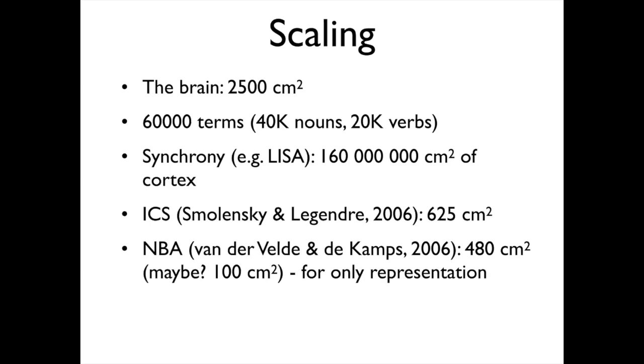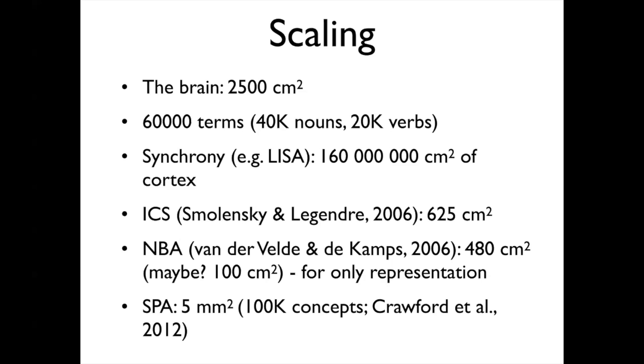In contrast, to represent that kind of vocabulary in the SPA, it would only take about 5 millimeters squared of cortex. Maybe as large as 9, as I said before, but sub 1 centimeter. I think this is good news because we're highly underestimating how complex vocabularies and concepts are when we pretend that we're just going to work with a 60,000 term vocabulary with some nouns and verbs.